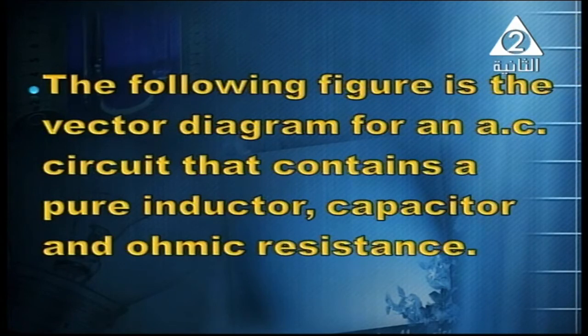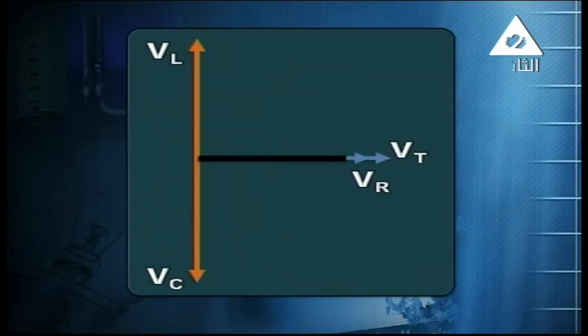Another choice, also we've got a figure here. The figure is the vector diagram for an AC circuit that contains a pure inductor, capacitor, and ohmic resistor. In the diagram, we can see that VR coincides with V total, and this means we've got resonance state, because total voltage coincides with the current.